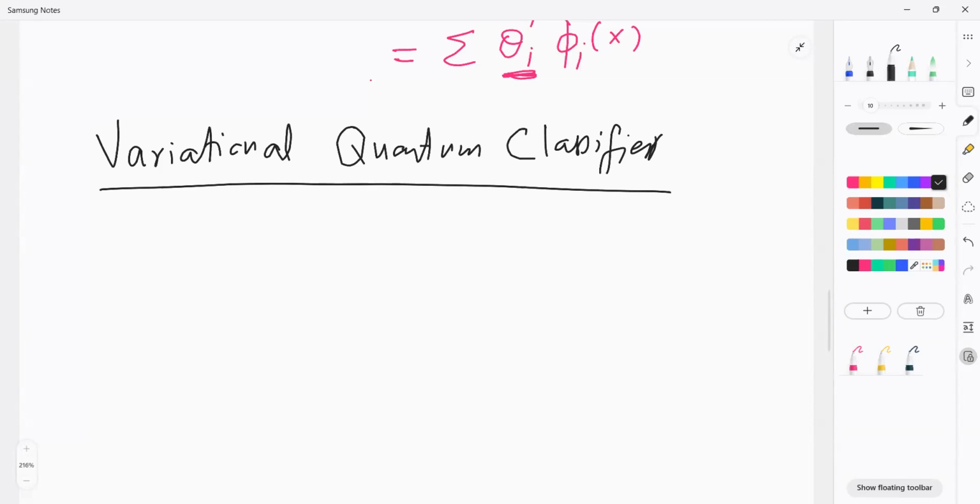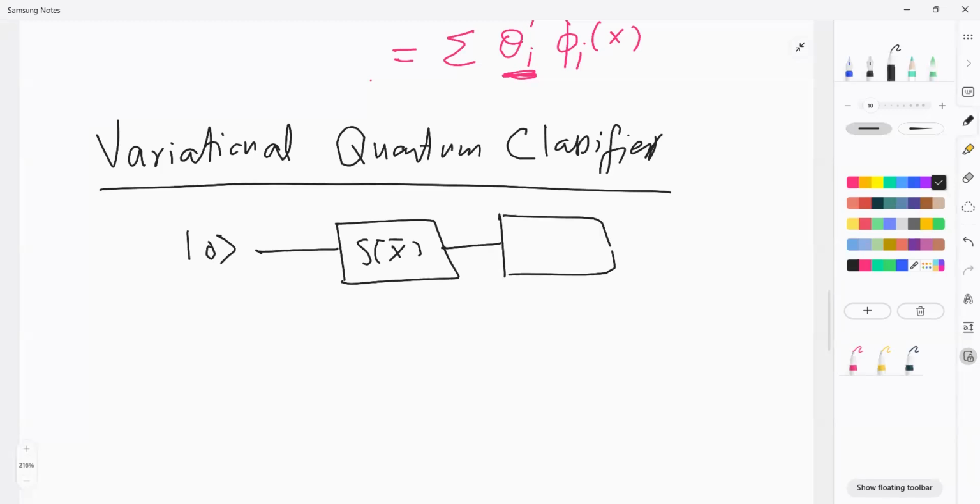So let's recall from our first lecture that we have a variational circuit like this. There is a data encoding block, and there is a parametric block, and then we find the expectation value of some observable. Let me take it to be a Z tensor n observable.